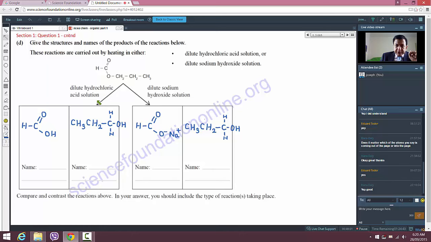So firstly, with hydrochloric acid on the left hand side, look at this, we get methanoic acid. So write it down in the name there, methanoic acid, right? Acid hydrolysis of the ester, so it breaks it up into the free acid and the alcohol molecule. So that will be methanoic acid as the acid. And what is the alcohol?